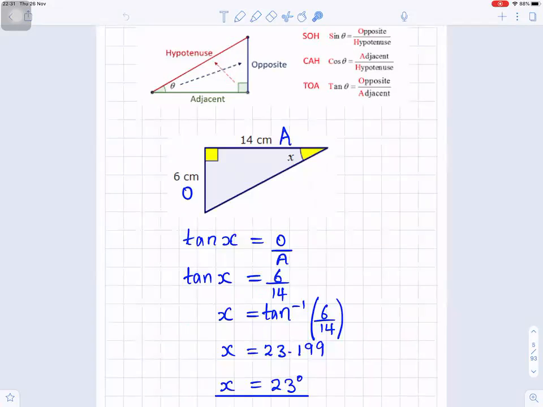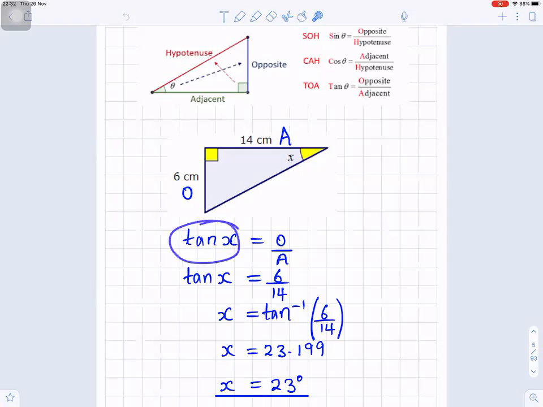For the next question, you go to the triangle and label it. Start from where the angle X is. You're looking across. Opposite is 6 centimeters. Next to the angle is the adjacent. We know the opposite and we know the adjacent. Which trig ratio has O and A? It's the TOA. So we use tangent.